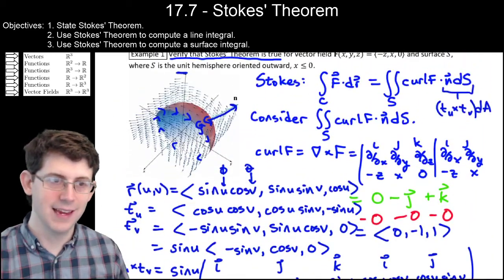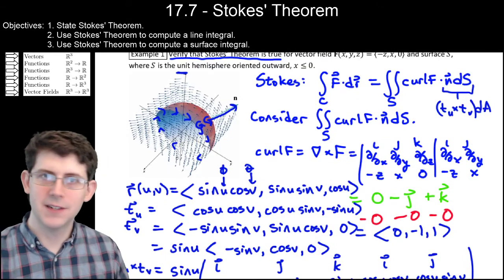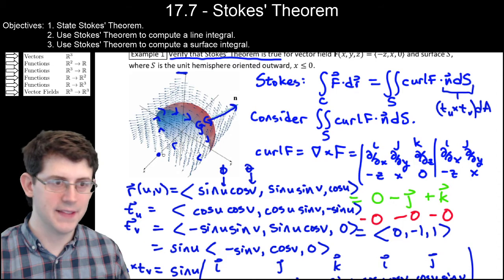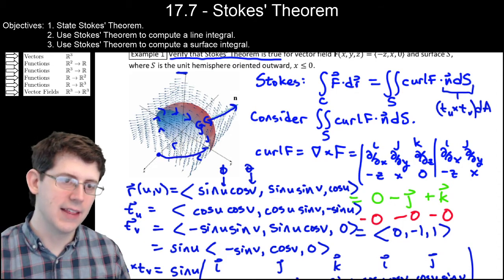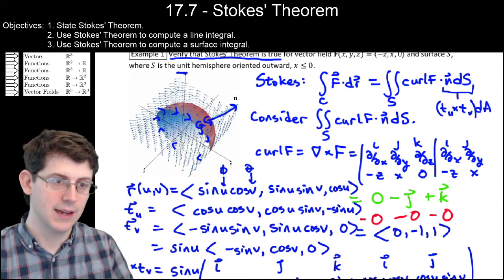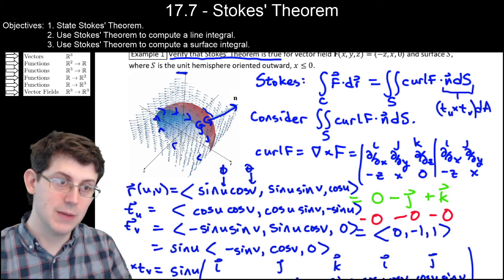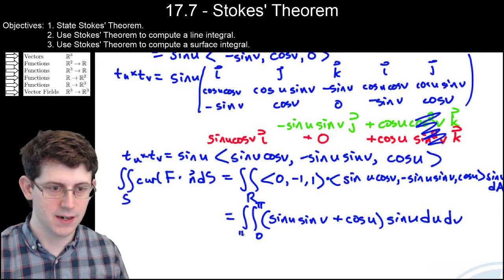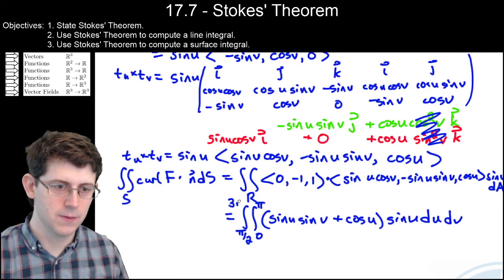V, that's the theta, that's the longitude. We don't have every longitude represented here. Like, here's theta equals 0. It's not on this part of the sphere. It starts at theta equals pi over 2. And then it goes all the way till theta equals 3 pi over 2. So the v bounds are from pi over 2 to 3 pi over 2.